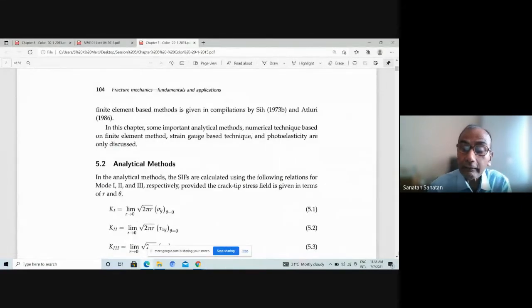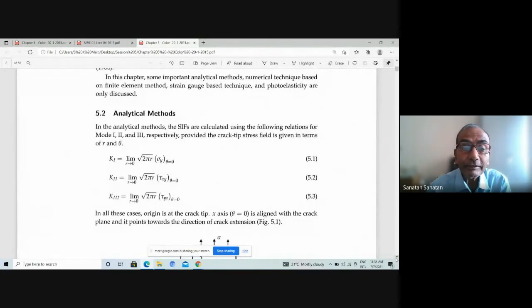So we'll consider now that these analytical calculations are based on the expressions for stress intensity factor, which can be written in a simple form.